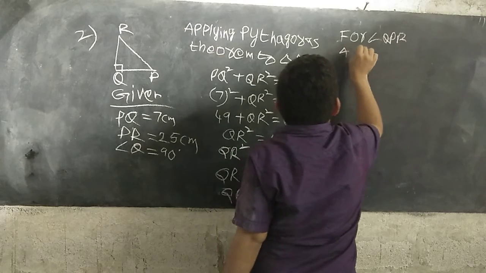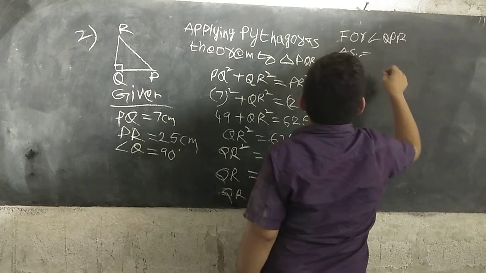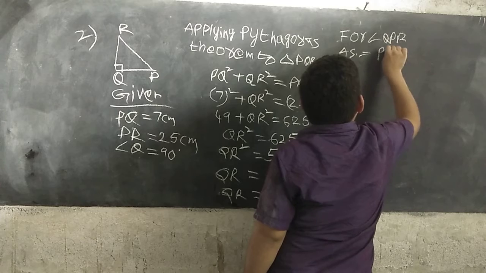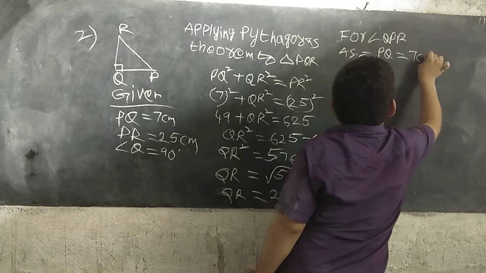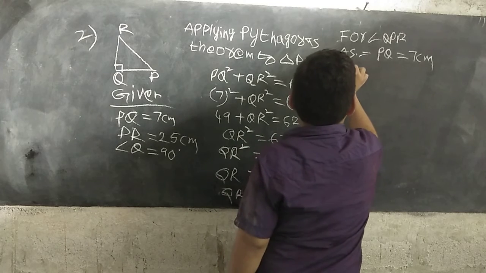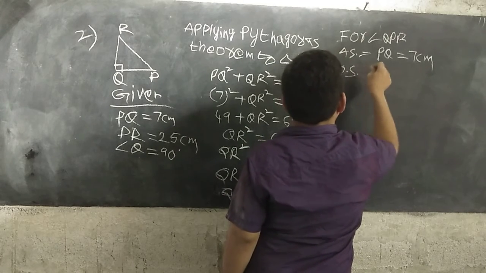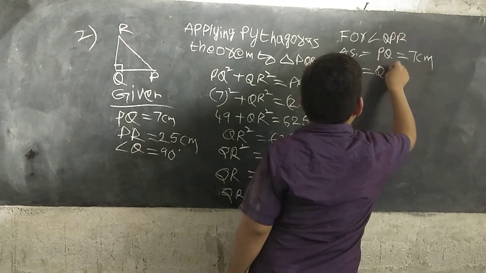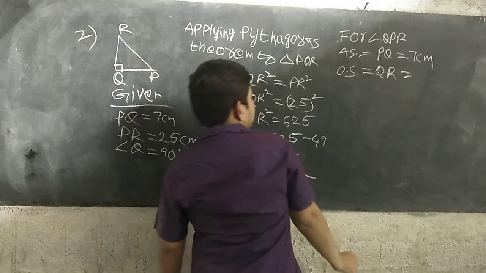For angle P, adjacent side equal to PQ. PQ equal to what? 7 centimeters. Now opposite side equal to QR.